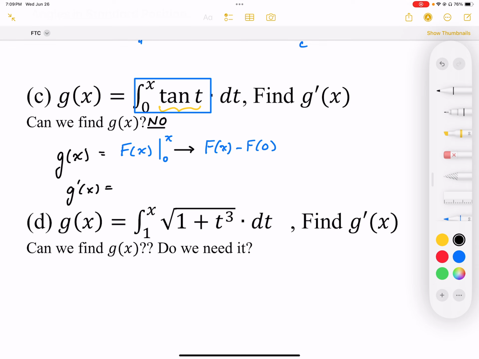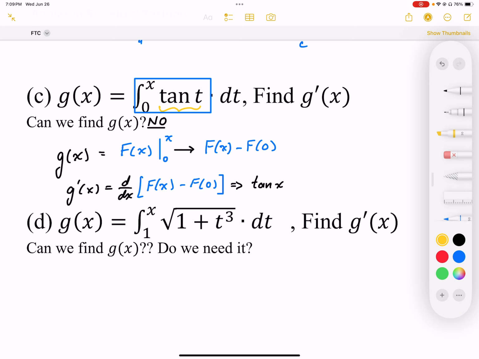And if I want to apply it, g prime is going to be the derivative of g, which is big F of x minus big F at 0, which is a constant. And when I differentiate that, the derivative of big F is just going to be my tan, so I end up with tan x. And when I differentiate minus big F of 0, I'm going to get 0, because it's a constant.